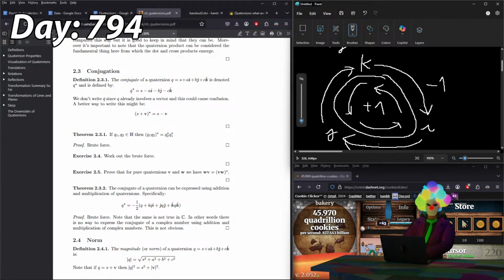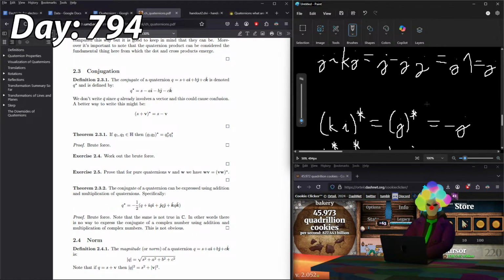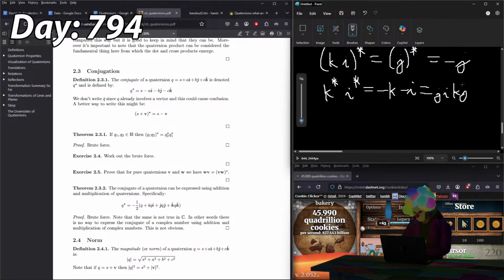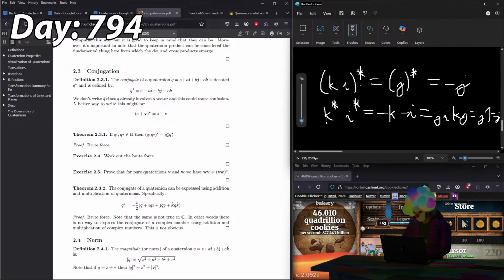IJK, okay, IJK negative 1. So IJK is negative 1, which means IJ is K, so JI... and then IJK, JK is I, means KJ is negative I, which is equal to J times 1, this is just J. K is equal to negative I, negative K. Why though?